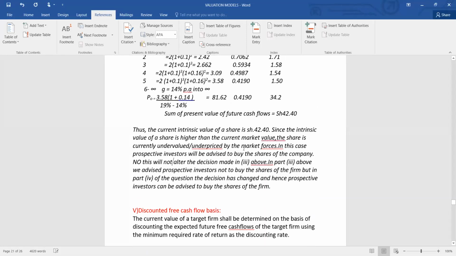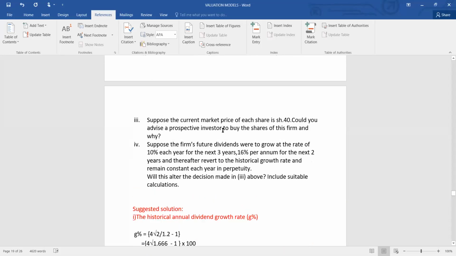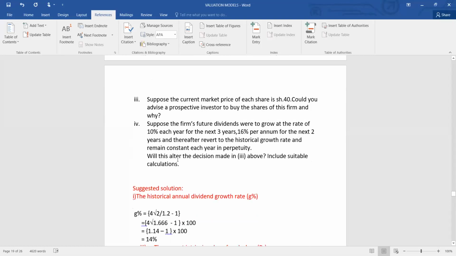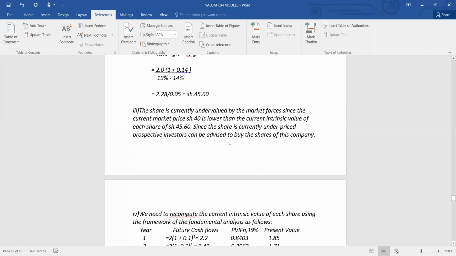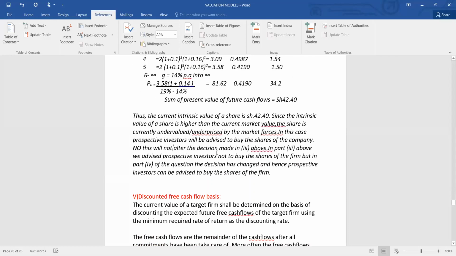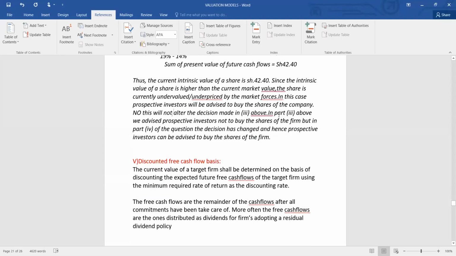Did we discourage in 3 above, or did we encourage? I think I was explaining my own things, but you can see what's happening. It will not alter the decision made in part 3 above. In part 3 above, we advised prospective investors to buy. In part 4, the decision has not changed.